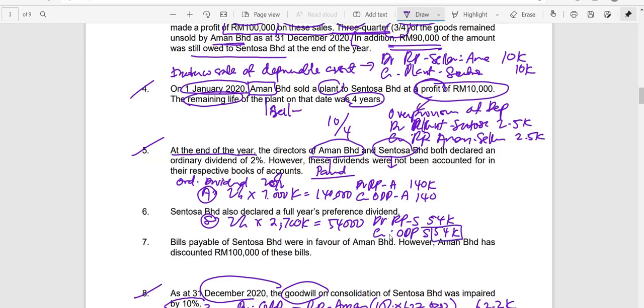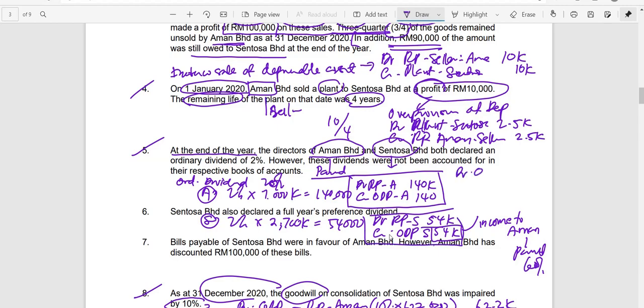However, out of these 54 that were declared by Sentosa, some of it will be an income to Aman. Aman is the parent company, and the income to Aman would be based on 60%. So first, you will have to record this in the schedule, and then also take note that of the ordinary dividend payable by Sentosa, 54,000, 60% belongs to Aman.